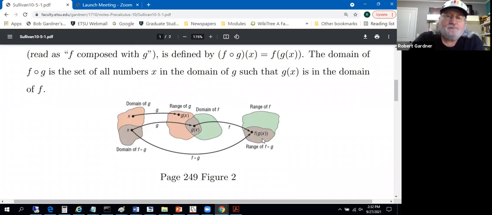may imply. And we may have outputs from function g, that is, elements of the range of g, that are not in the domain of f, that are not legitimate inputs for function f. For example, g might output a negative number, and the f function might be the square root function. Well, we can't take square roots of negatives. So that would be such an example as is given in this particular x value.